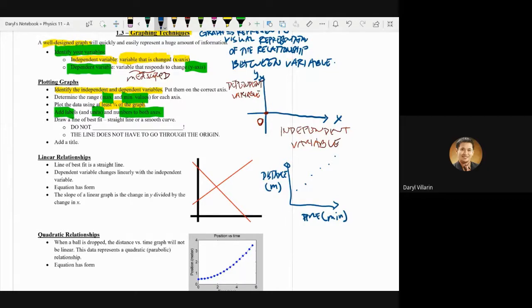However, when you try to draw your curve, just draw whichever fits the general trend of your data points.